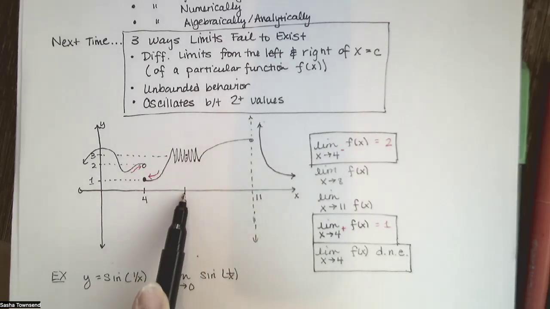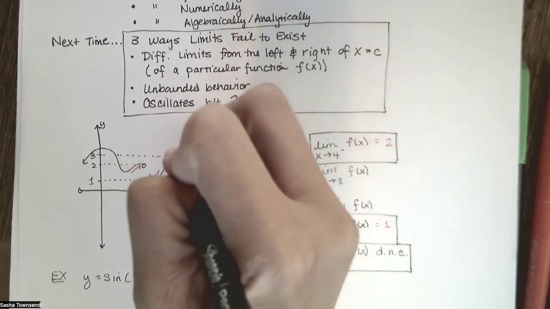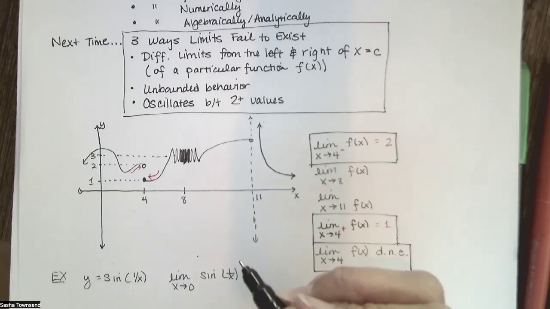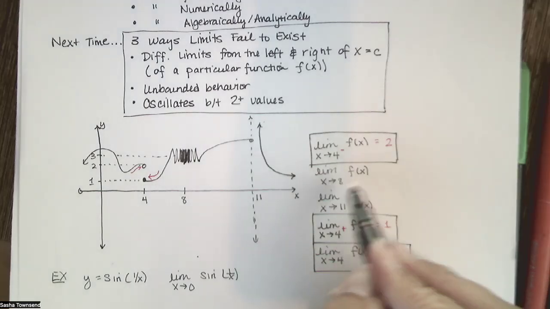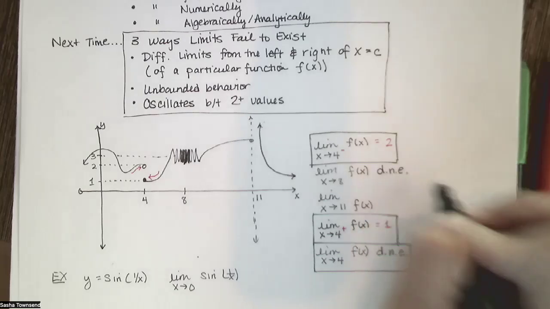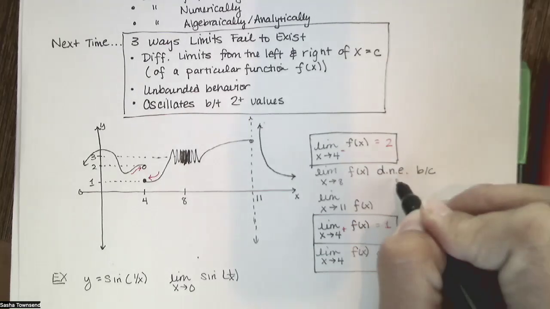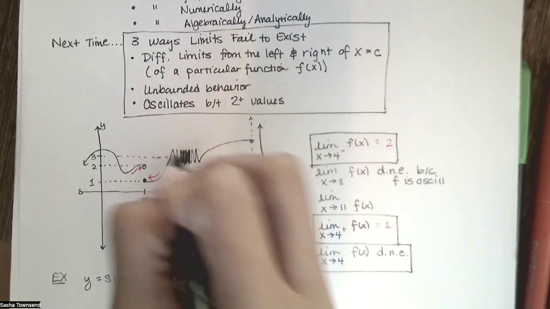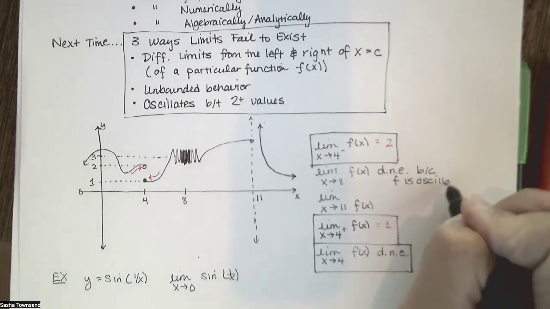But here the interesting things happen and it just gets denser and denser, actually, as x approaches 8. So we're going to say the limit as x approaches 8 of f of x does not exist because the function is oscillating between two values, whatever those values are, as x approaches 8.